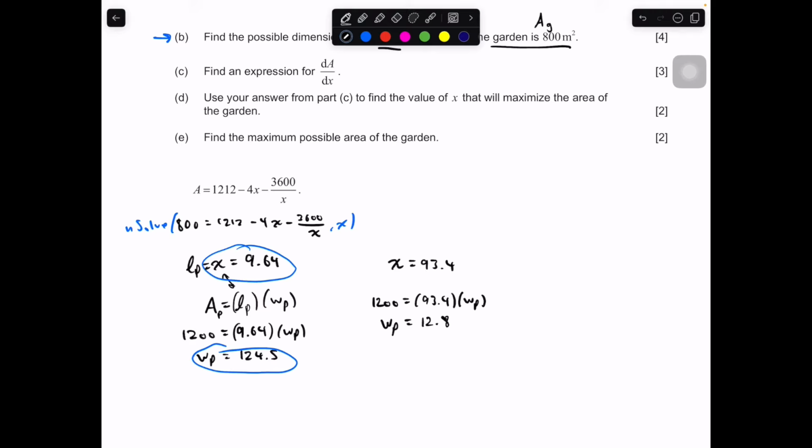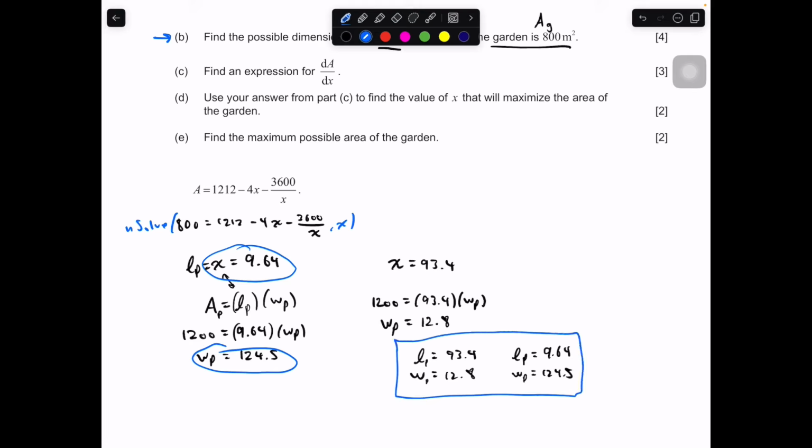So this is a possible dimension, length and width. We can put length of the park, width of the park: 93.4 and 12.8, or potentially we can have a situation where we have 96.4 and 124.5. So these are 2 possible sets of dimensions.